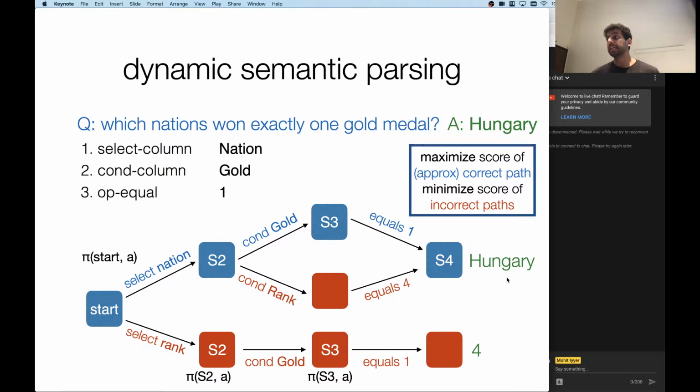So immediately it's obvious that these should be preferred over a path that executes to something that's not Hungary. However, if you have a bunch of paths where none of them execute to the correct answer, then you have to use some approximations, like, well, maybe this one executes to a bunch of cells, one of which is Hungary. That should still be preferred over this one, which executes to just 4. Does that make sense?